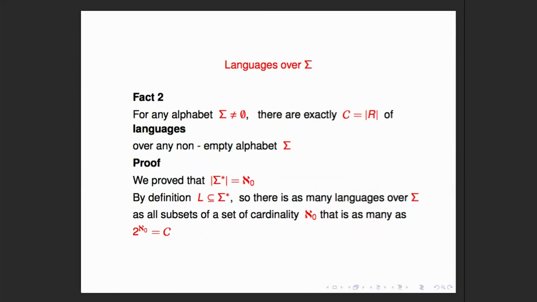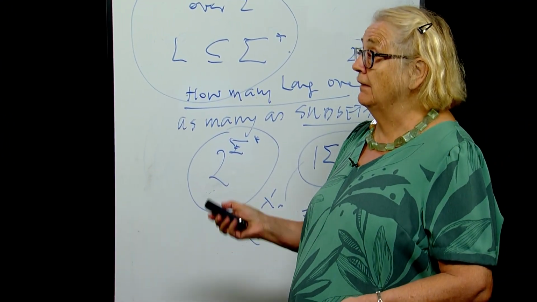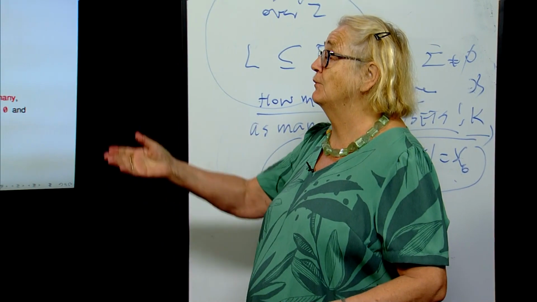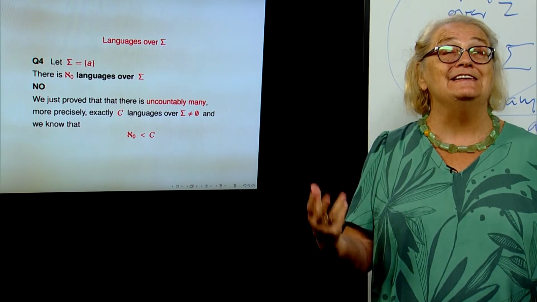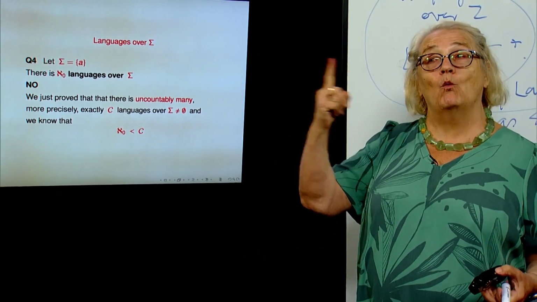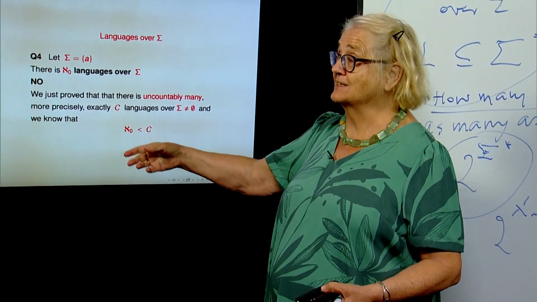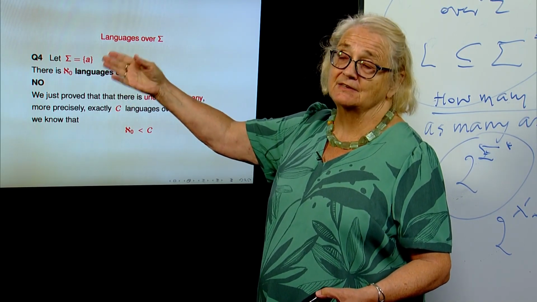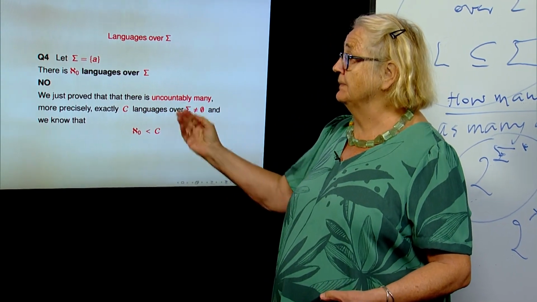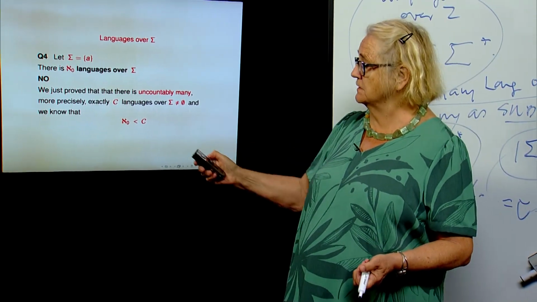And for any alphabet, I just said there are exactly as many languages as real numbers. Its proof is here. In particular, if you have a one element alphabet, there is Aleph 0 words. Does it mean countably infinitely many languages over a one element alphabet? Of course not, because there are as many as subsets of sigma star, and sigma star is Aleph 0, so 2 to the power Aleph 0 is C, and of course Aleph 0 is less than C.